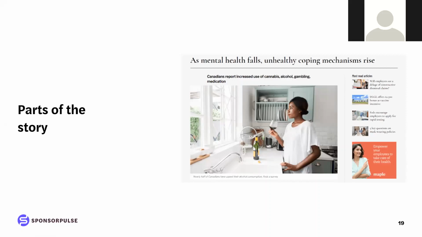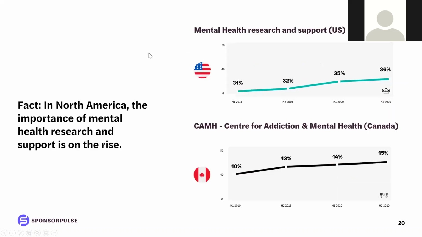So this is just one of many that talked about Canadians coping with it in ways that are not very constructive: increasing cannabis usage, alcohol usage, gambling, medication, those types of things, and probably the wrong medications. But again, you start to hear about how we're dealing with it and the kind of spiral that's happening. But if you step back, yes, that might be happening, but let's actually understand what else is happening, and perhaps what's happening in a constructive way, because there is lots.